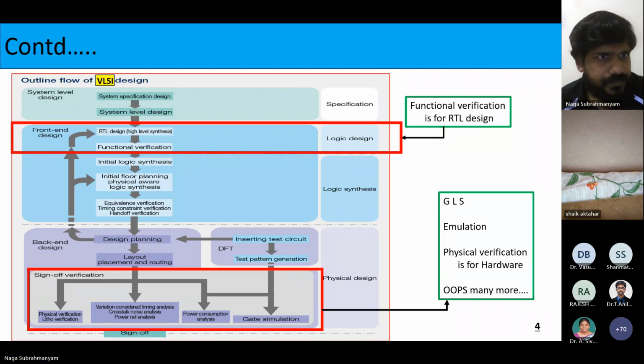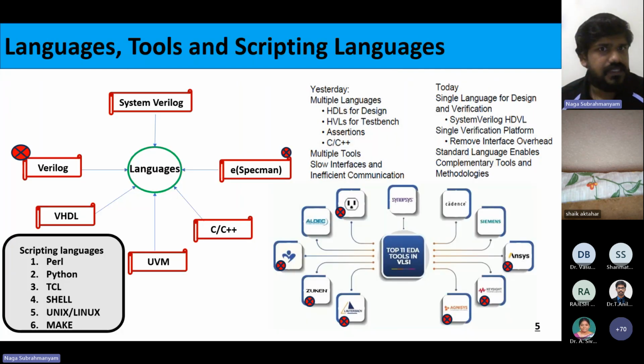Okay, see, these are the various languages which we are currently working on. One is SystemVerilog. You all know about Verilog, but if you use Verilog, the scale of the testbench is very limited.